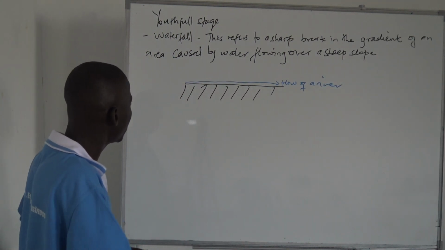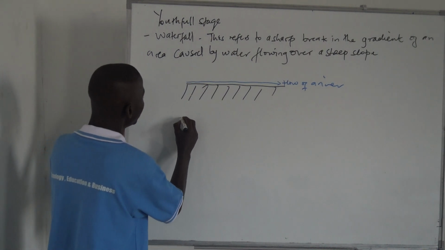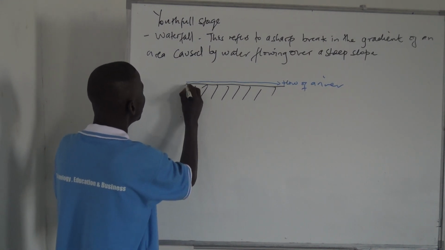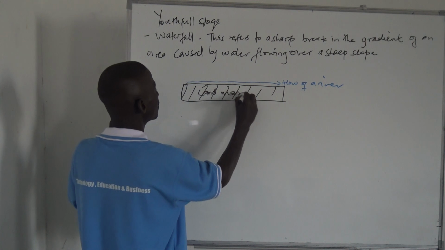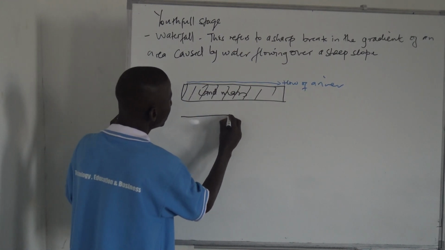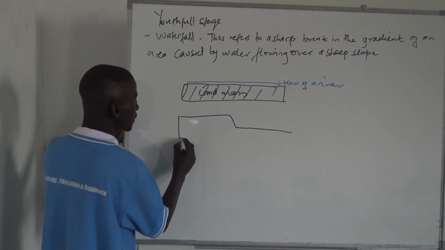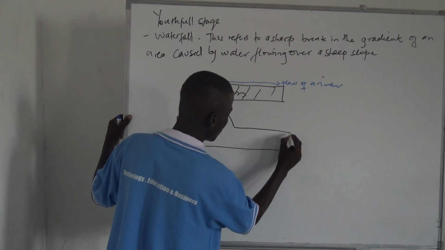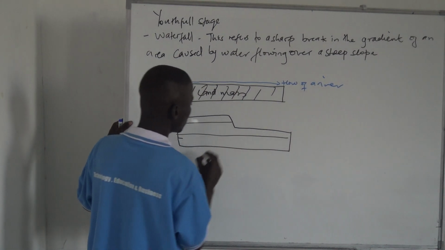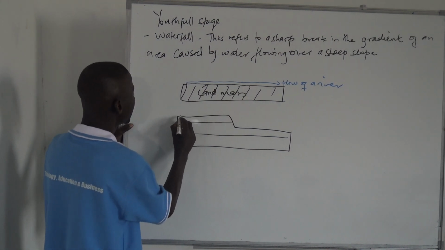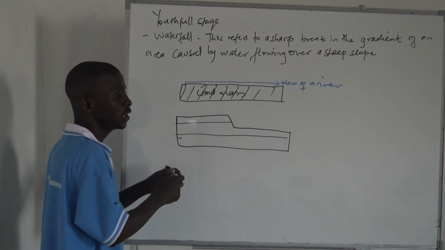Now, because of, say for example, faulting, the land mass which was generally flat is forced to change, such that a river which was flowing on a flat land meets a situation where there is a change in the gradient.